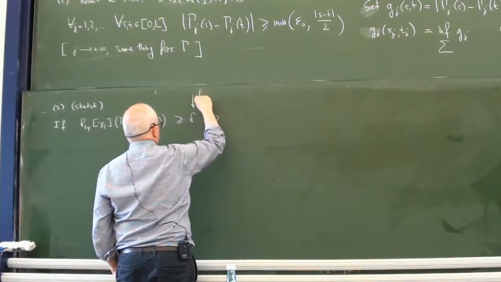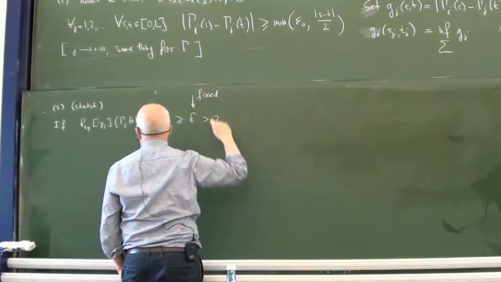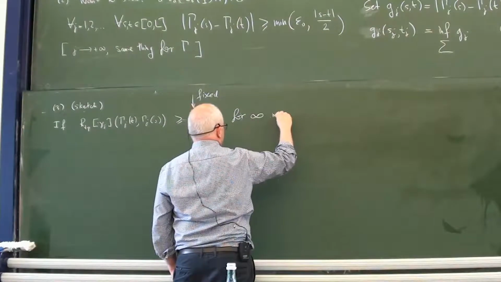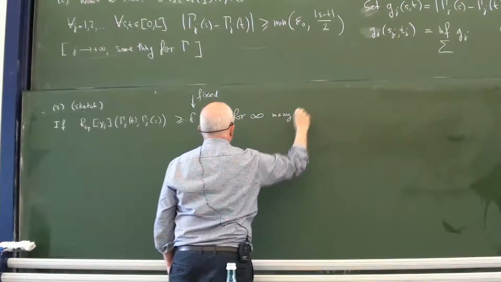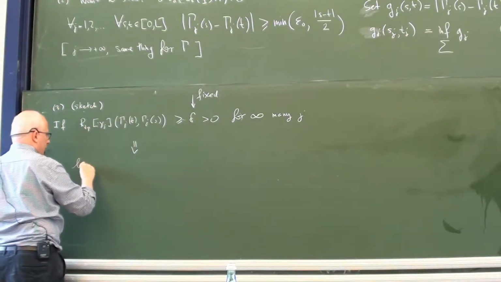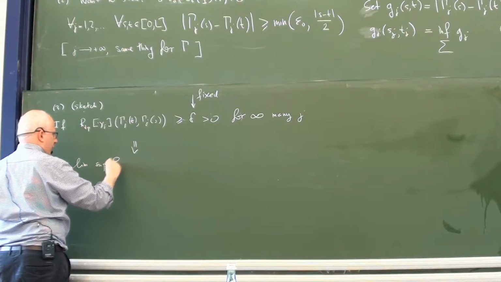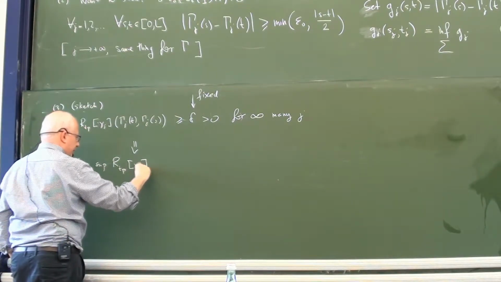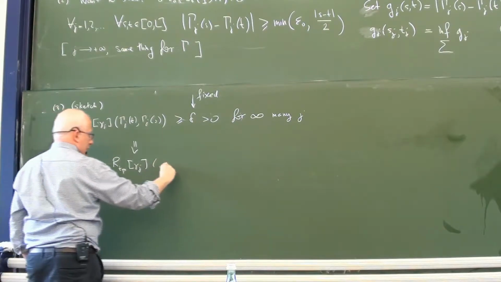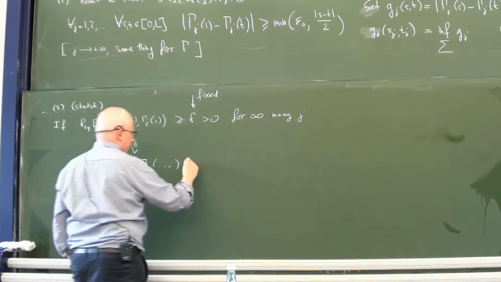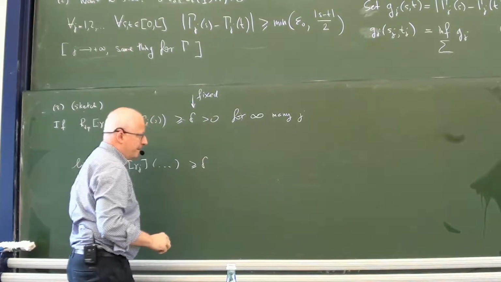I keep it fixed for a while, being so for infinitely many j, then of course the lim sup of RTP of gamma j at those points as j goes to infinity is also bigger than delta.